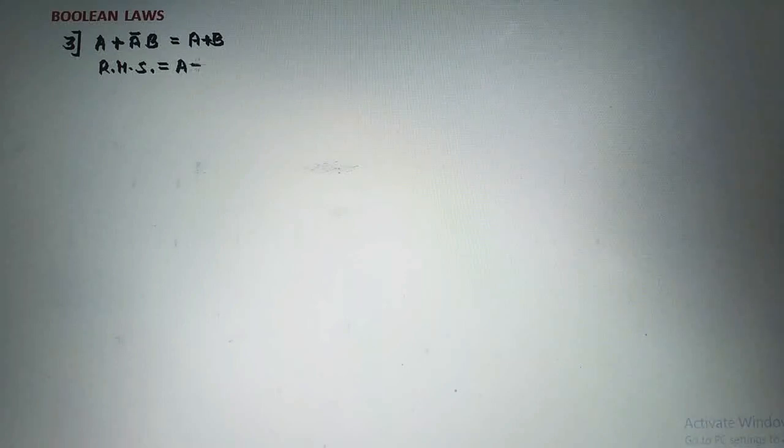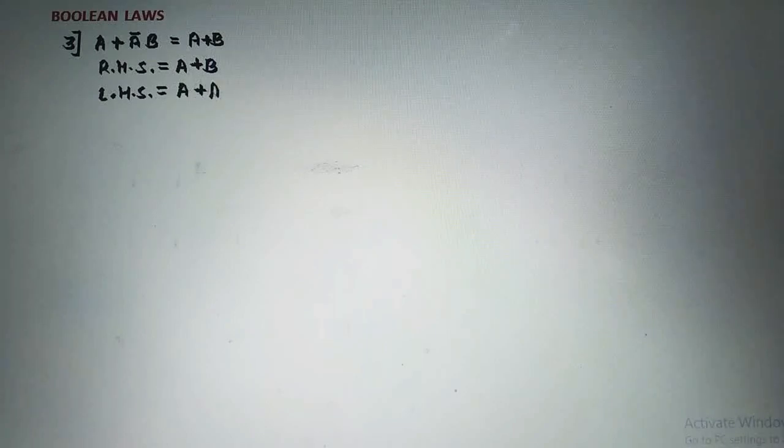Next we will see the third other important Boolean law, that is A plus A bar B. A plus A bar B is equal to A plus B. So see here, what is RHS? RHS, that is right hand side, is equal to A plus B. Now we will prove that the LHS, that is left hand side, is equal to the RHS. So what is LHS?